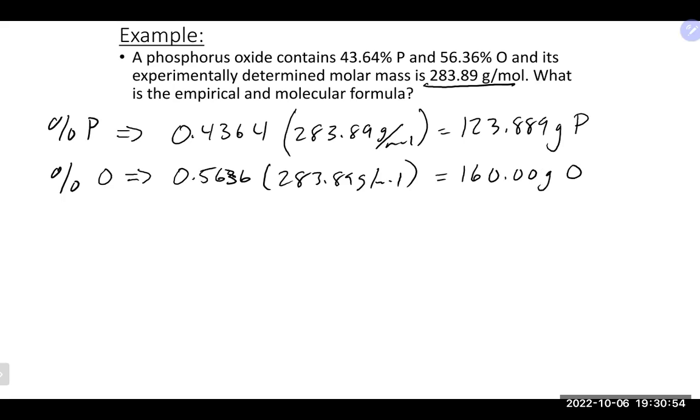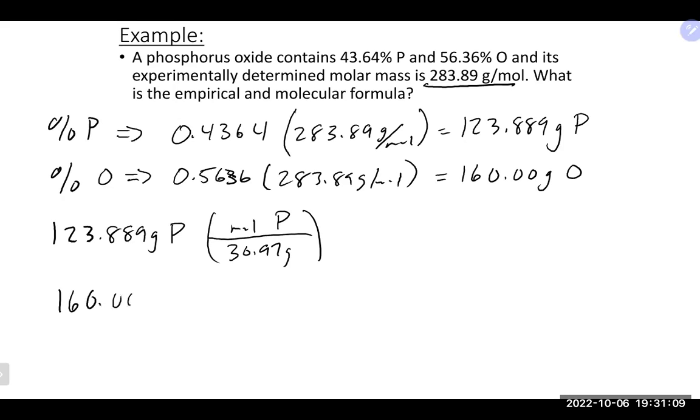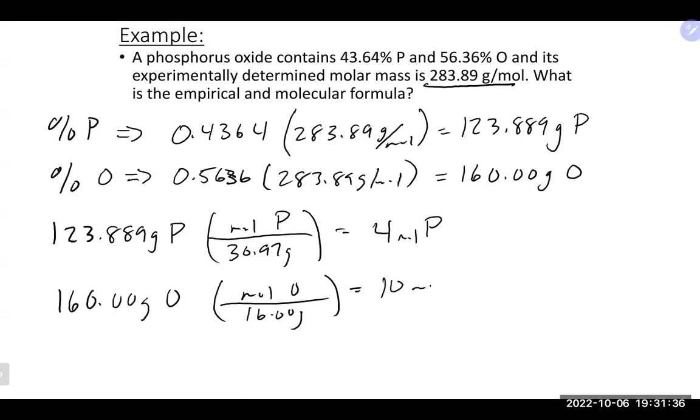Now, what we could do with each of these is take those grams and use the molar mass from the periodic table to convert them into moles. 123.889 divided by 30.97 is going to equal 4 moles of phosphorus. And 160 divided by 16 gives us 10 moles of oxygen.